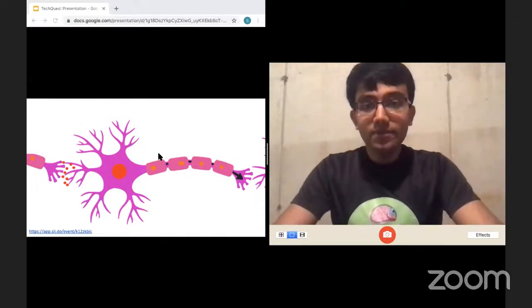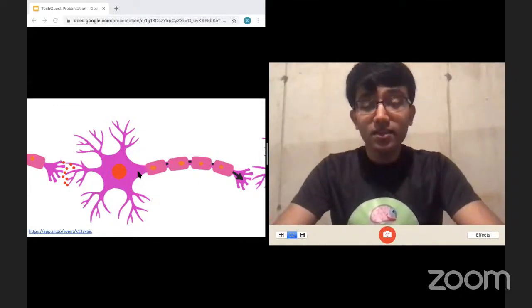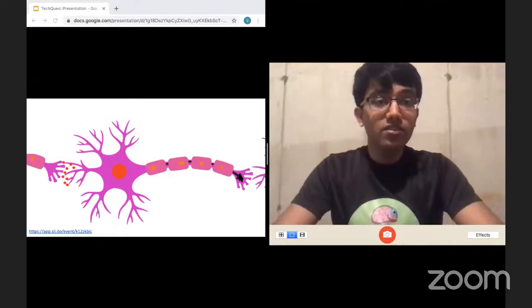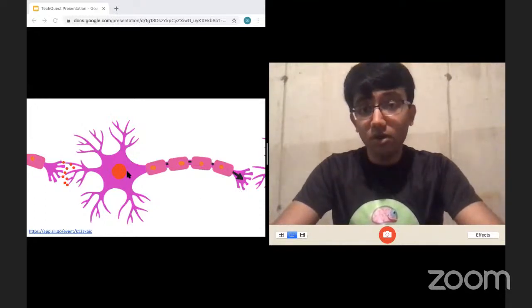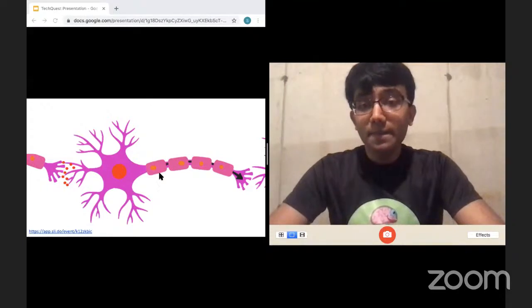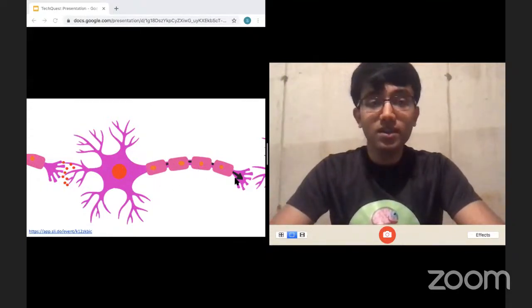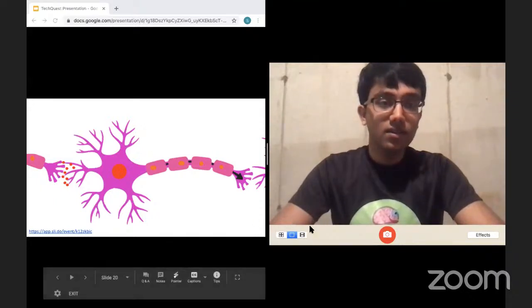If this myelin sheath that's covering the axon is broken or damaged, then the signal goes very slowly, and that slow signal makes people not be able to think as fast. As a result, we have a disease called multiple sclerosis that's associated with that. Really, the axon's role is just to speed up the signal and get it to the next neuron for communication. I hope that makes more sense.